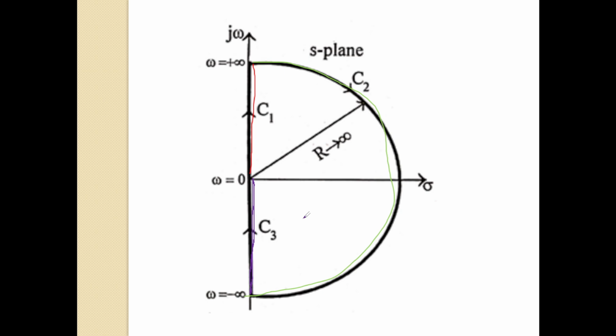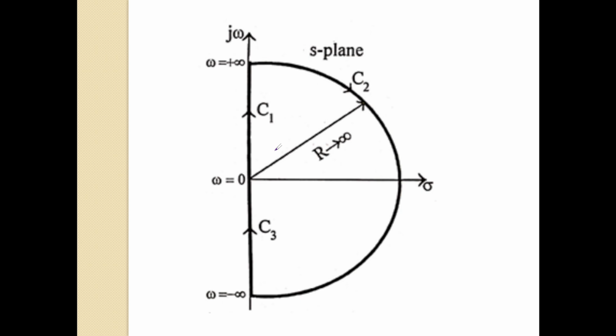Okay, so the mapping of each contour is done separately. After mapping each contour separately, we will combine all the separately mapped sections to get the overall Nyquist plot.